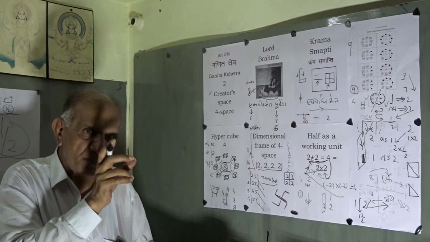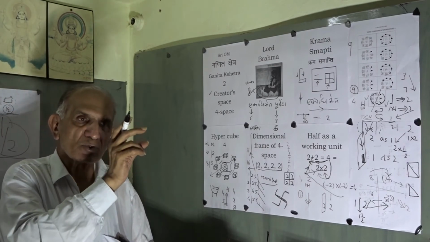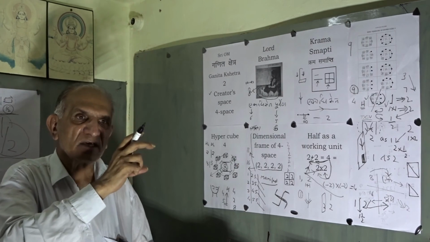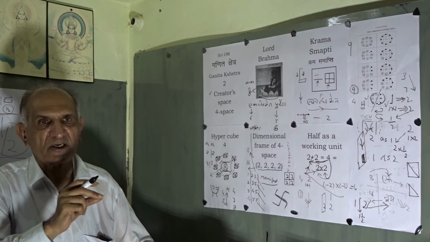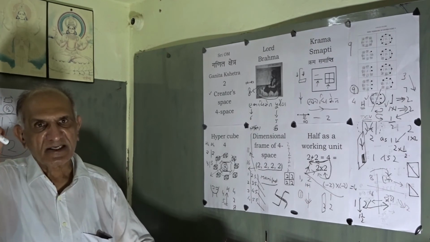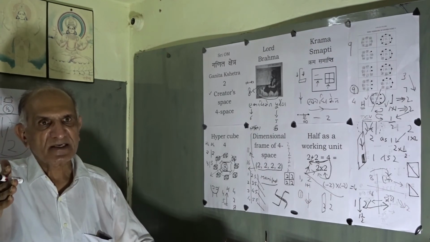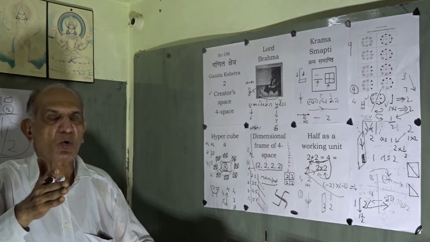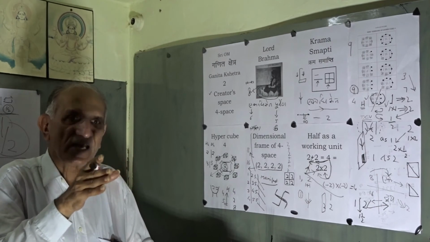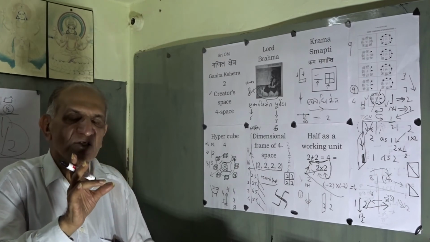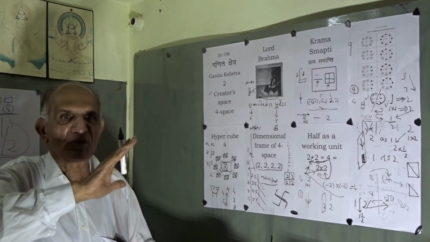Here in 4 space, it is 2 space, it is surface, it is square, which is playing the role of a dimension. In a 3 space, it is a line, it is 1 space, which is playing the role of an axis. So we are working with linear axis, triple linear axis to work out this physical universe.